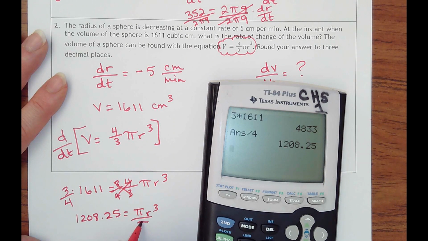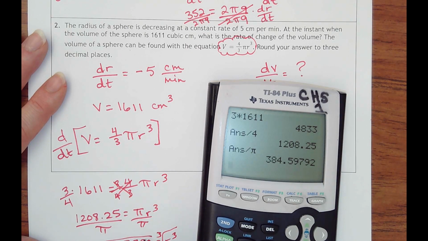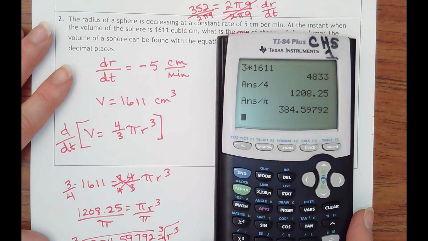I'm going to divide by pi. Gives me that, and then I'm going to cube root it, because that's the opposite of cubing something.